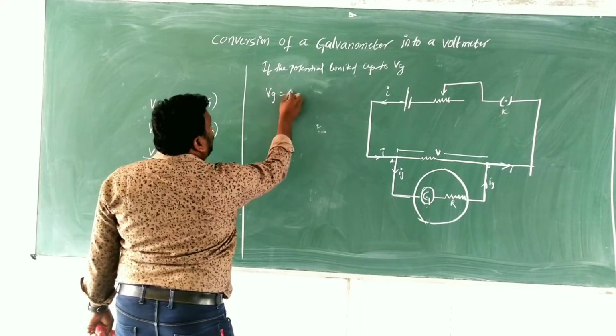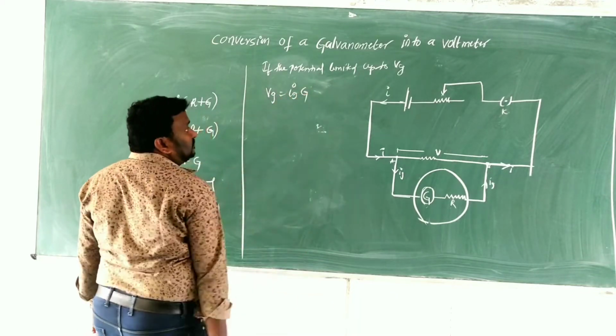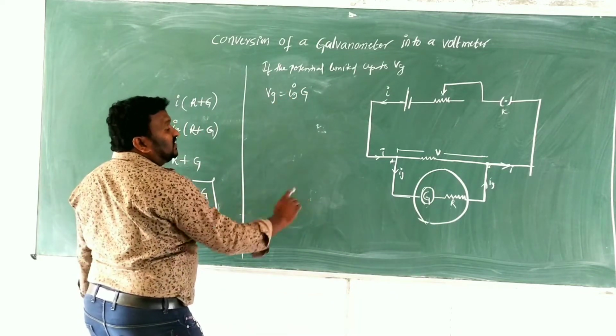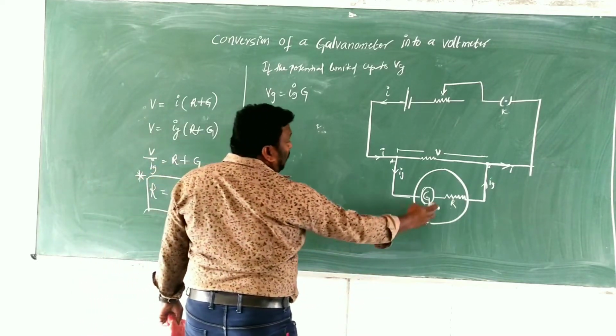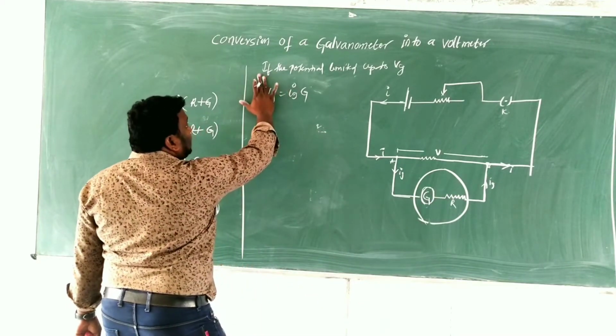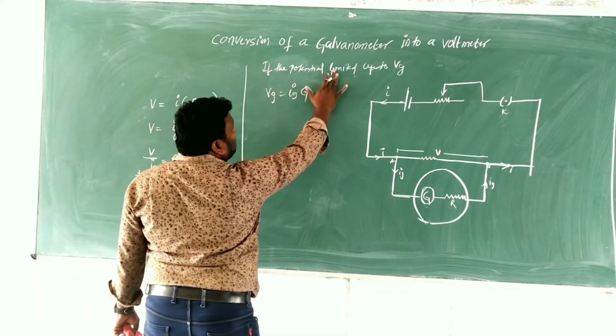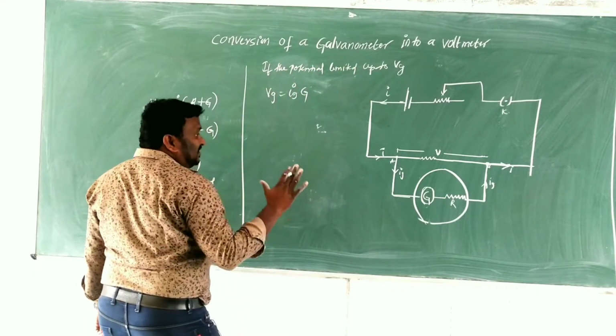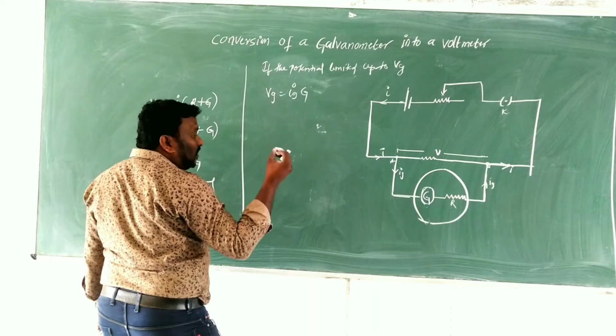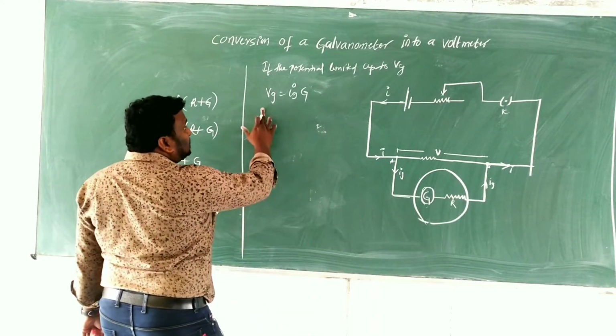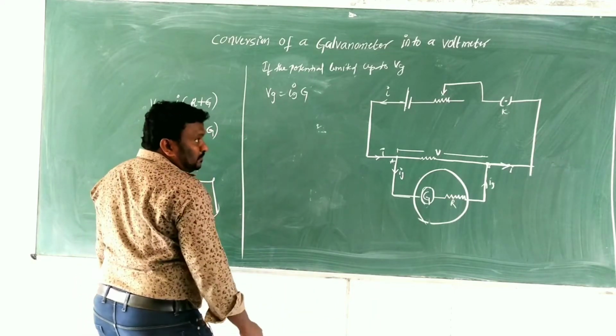Vg is equal to Ig into G. That means we are not considering the R. If there is no R, simply I am telling you, if the potential is limited up to Vg, it means we are taking only the galvanometer. That's why Vg is equal to Ig into G.